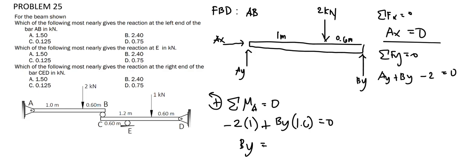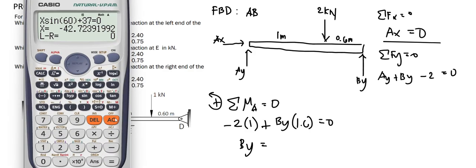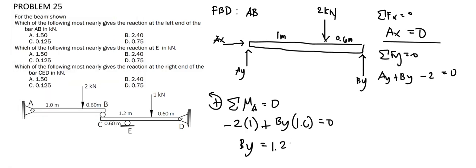And we can solve for By: negative 2 times 1 plus By times 1.6 equal to 0. Shift solve, we get By is equal to 1.25 kilonewton.